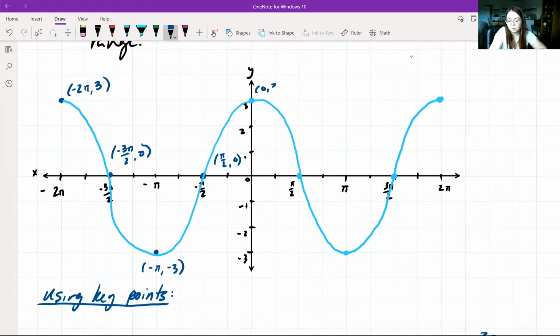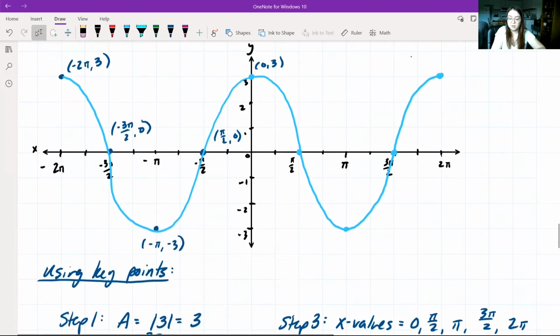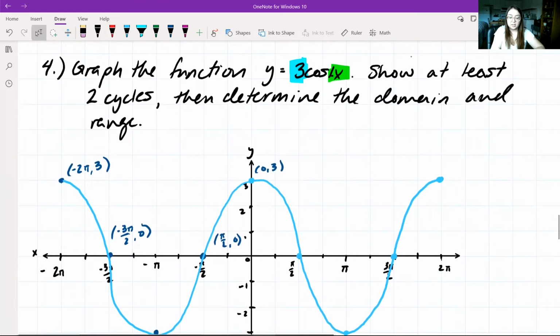This is 0, 3. And just like our original key points here, we had the same y values for the negative versions of our x values. But here we are, we have graphed the function of 3 cosine x.